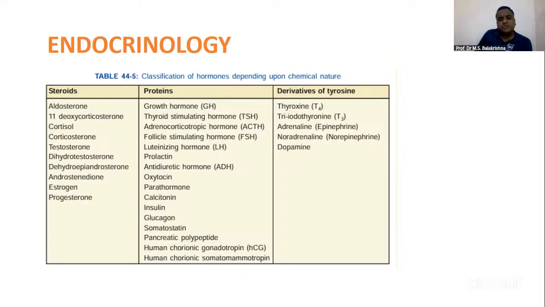Because of the use of steroids, the efficiency of the person is increased. That's why steroids are banned in sportspersons. If a sportsperson takes any medicine and steroids are found in the urine, the sportsperson will be banned. Learn this table.